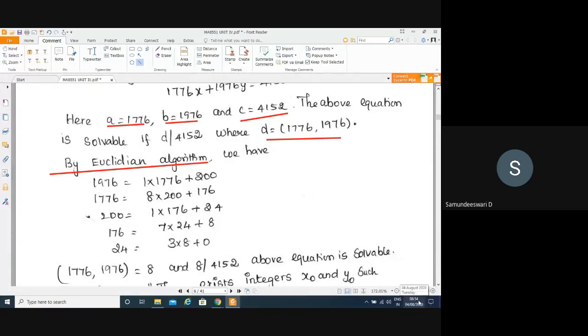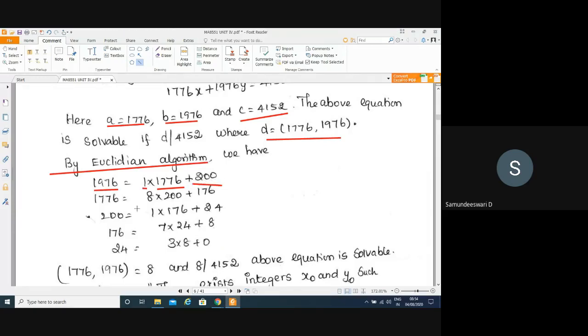First, take the biggest number, it is 1976. It is equal to, divide this by the second number, 1776. So 1776 is the divisor. If you divide this by this, we get the quotient 1 and remainder 200.